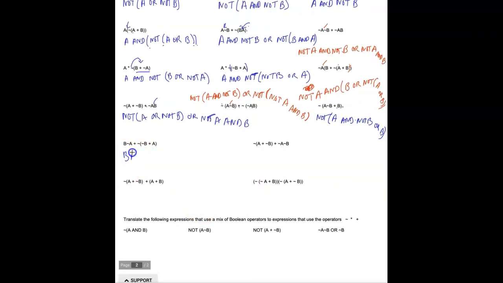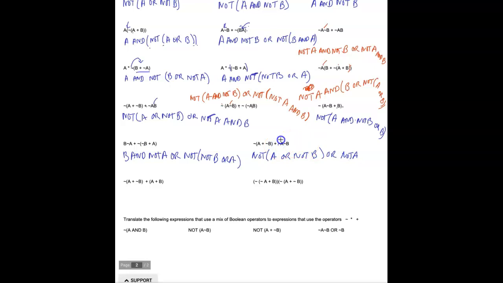B and not A, or the not, parentheses, another not B, or A in the parentheses here. Not A or not B, or not A. This is interesting.